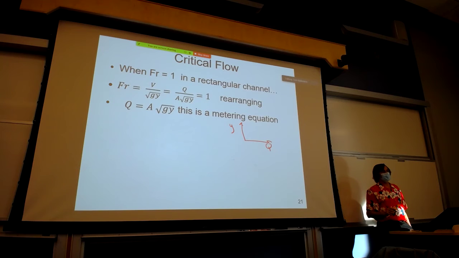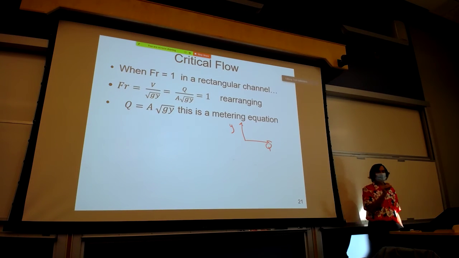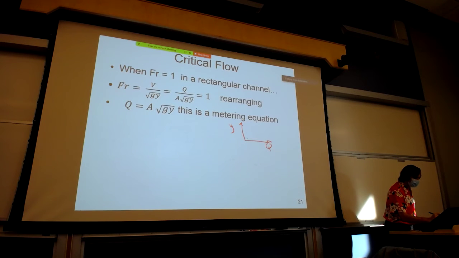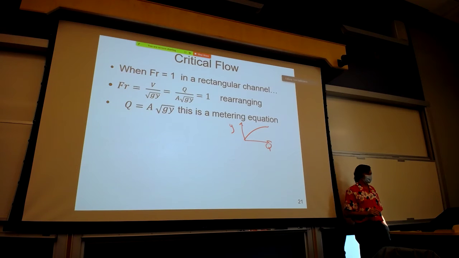Two, you need to know the roughness coefficient. And then you also need the slope. At a Froude number equal to 1, all that disappears. And that's why if you can create or identify in an open channel flow system a location where you have Froude number equal to 1, you can use that as a metering equation. That is, you have a rating curve at that location.